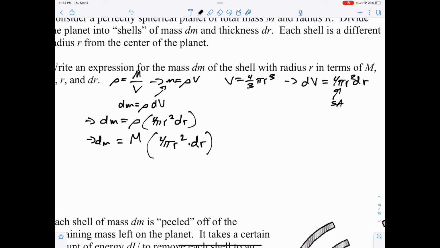Recall that the volume was 4/3 pi r cubed. And you could think of this as 4/1 times pi r squared. And 4/1 times 3/4, those are going to cancel, right? The pi's are going to cancel.